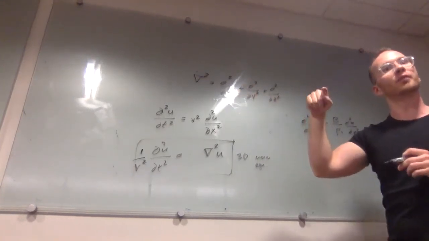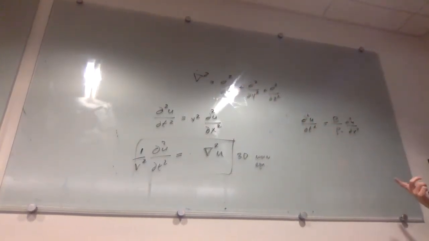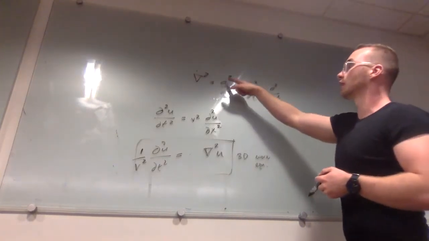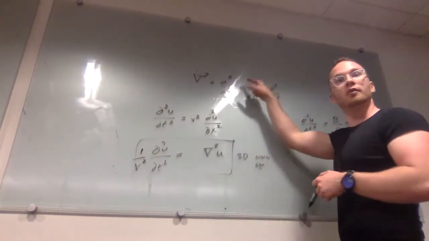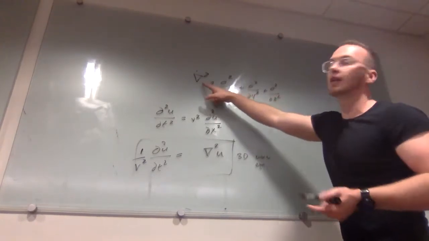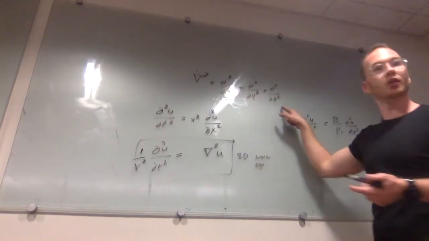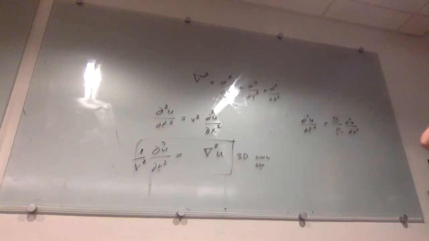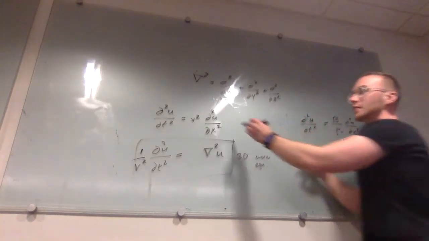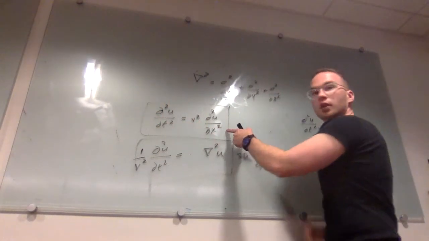Remember we took the gradient of a function? The gradient is just the derivative of the x component and the derivative of the y component, right? And if you square it, that's just dotting it with itself, and you get a scalar. It's not a vector anymore, but a scalar quantity. It's called the Laplacian. So this is the wave equation in one dimension.